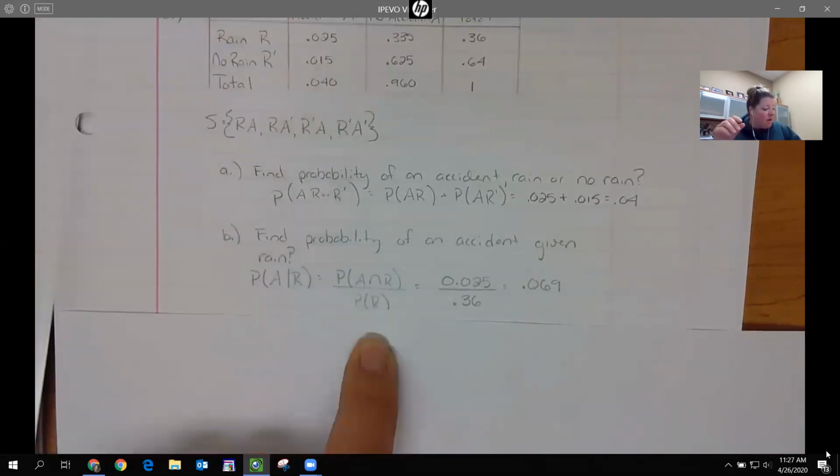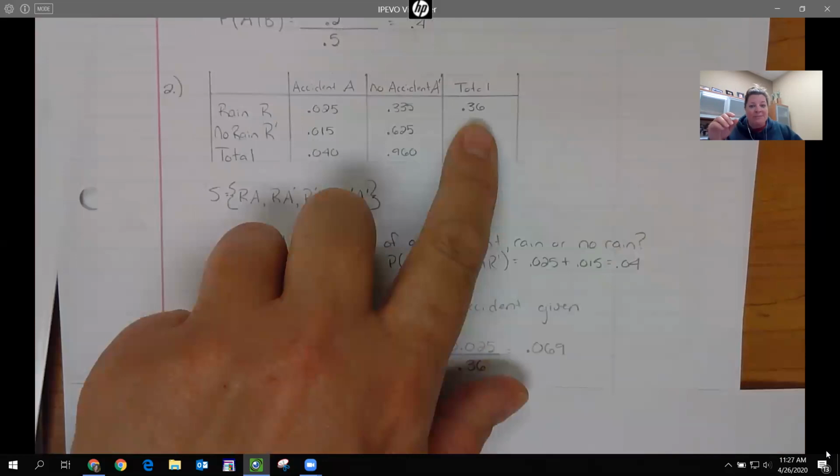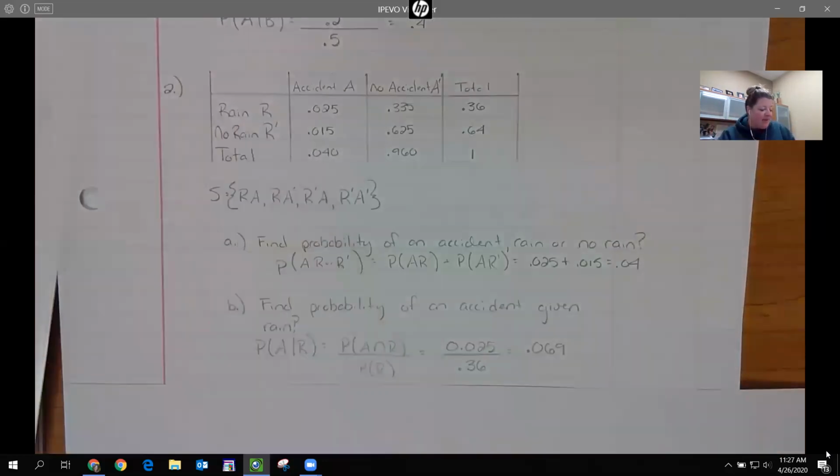So I have to go up here, and the probability of rain is 0.36. So we add up both the rains and we divide those. And the probability of getting in an accident given rain is 0.069, or about 7%. So it's a little higher to get in an accident with rain for the probability.